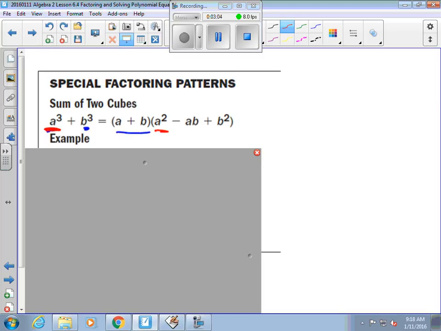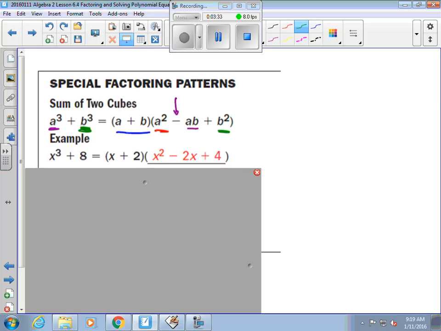Then you take both terms together, a and b, and you multiply them times each other. But when you're adding them, this is key here, this will be the opposite, minus both of them together, ab. Then finally, you take the last term, b, and it's that squared. So this is just a special factoring pattern.